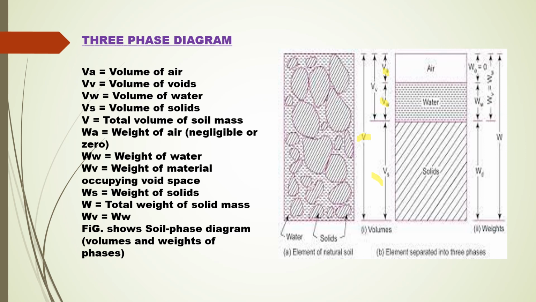Usually we represent volumes on the left side of the figure and weights on the right side. Next, Wa is the weight of air. Usually it is taken as 0 or considered negligible. This is the weight of water, and the weight of solids. The weight of voids is equal to the weight of water, as the weight of air is negligible. Capital W represents the total weight.